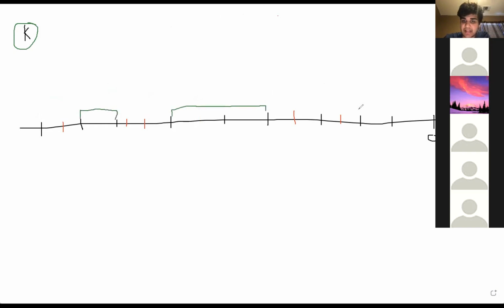And these are the segments of time that we want to avoid. But as people have pointed out, since we only have k jumps, we have to pick and choose which of these segments we can avoid, because the jump allows us to skip over these long segments. So we only get to avoid k of these.